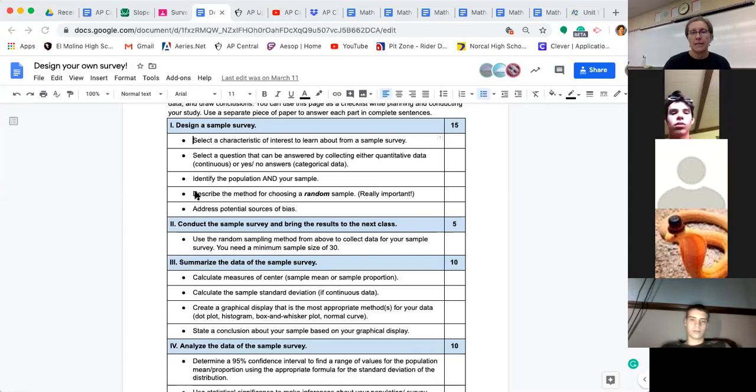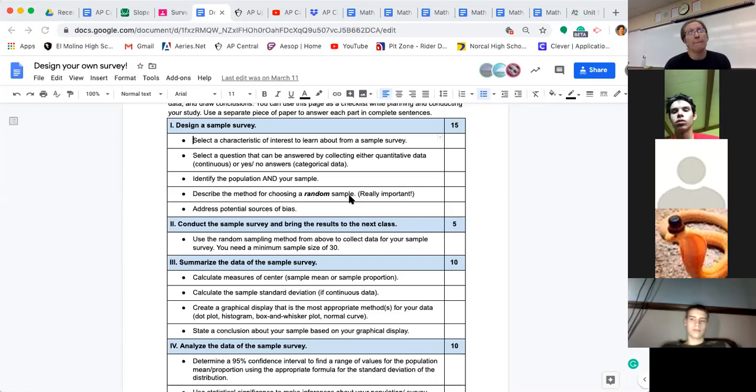And then the next piece here is describing your method for choosing your sample. We talked about a bunch of different sampling methods, and you would want to use one of those to describe the sampling method. For your Instagram poll, that's probably, I think I decided that was going to be a convenience sample.